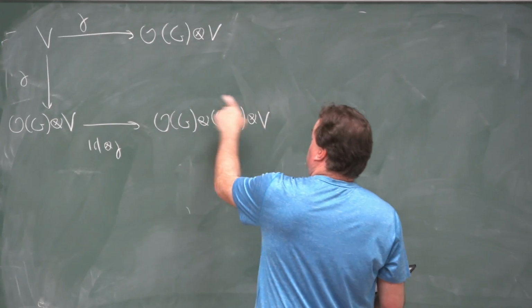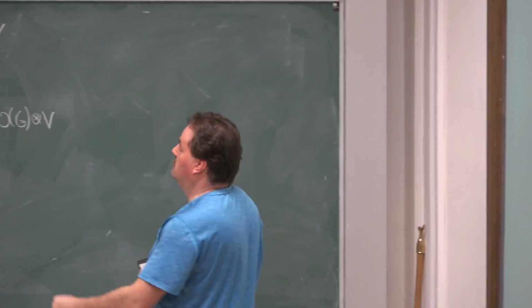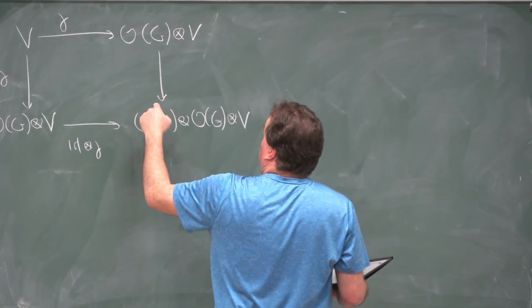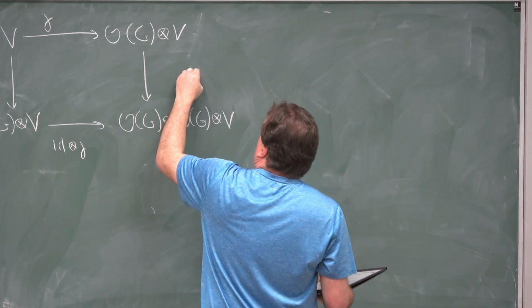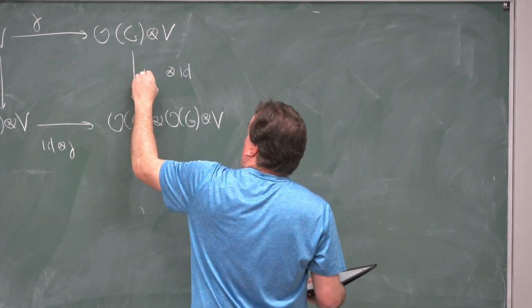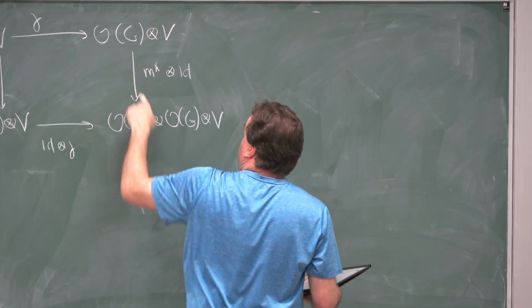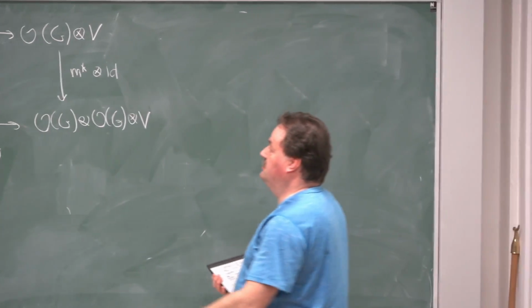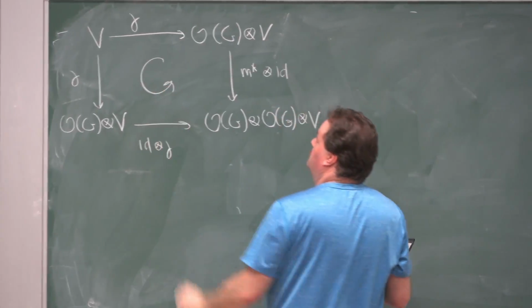And then we go to this space. Or we can also take the identity on V and take this M star, which goes from O(G) to O(G) tensor O(G). And this diagram has to commute.